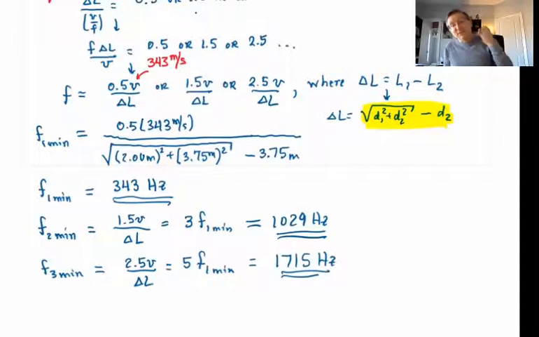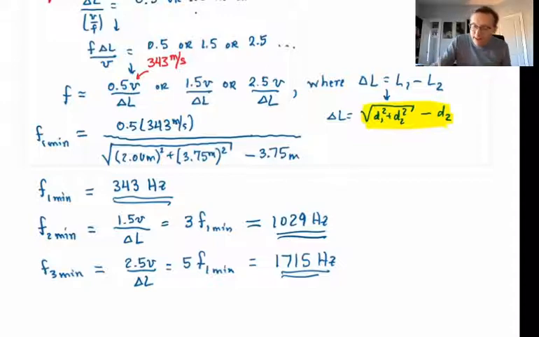So that would be the next frequency at which your observer at point P would say, whoop, the volume went down. And you could keep going, but it just asked for the 3 lowest frequencies at which our observer would say fully destructive interference is happening. That's all there is to that.